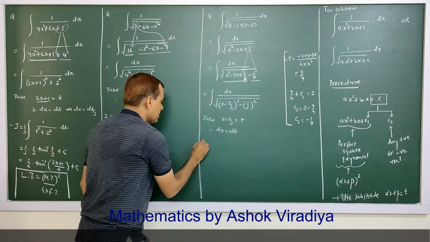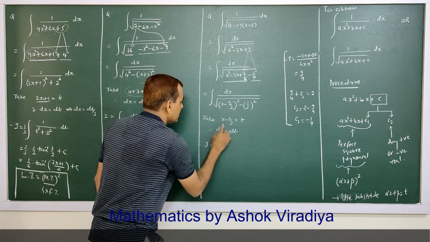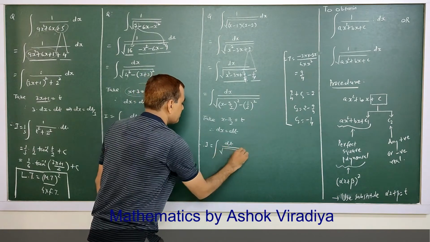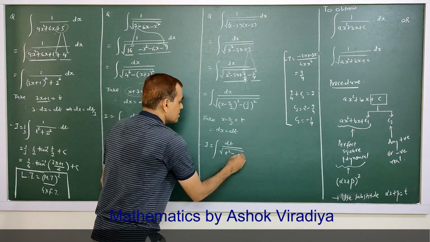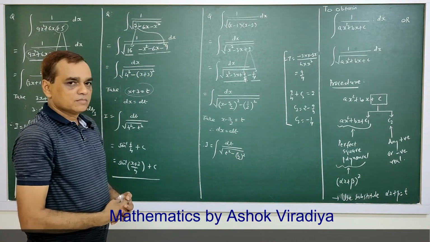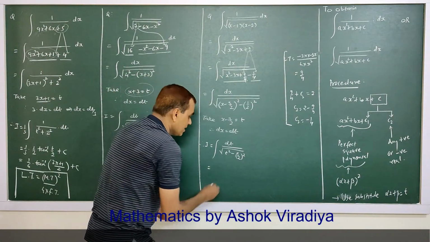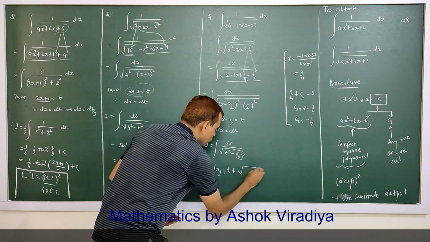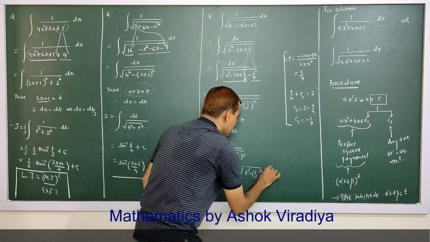So the integral is dt upon root t square minus 1 by 2 square, and the integral of 1 upon root x square minus a square is log mod x plus root x square minus a square, plus c.